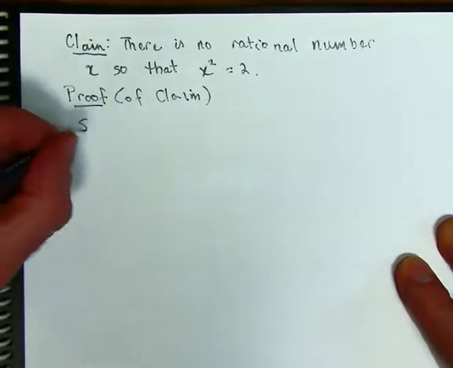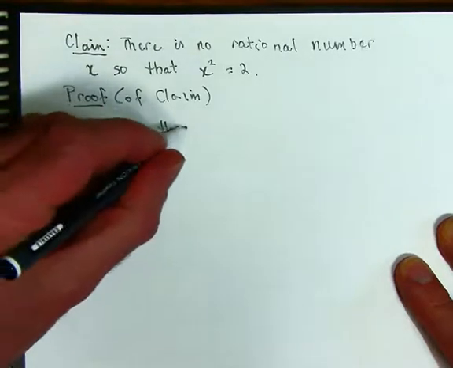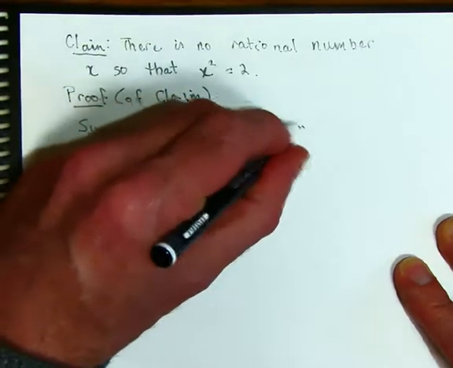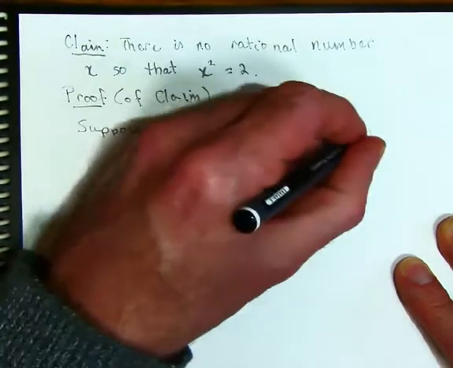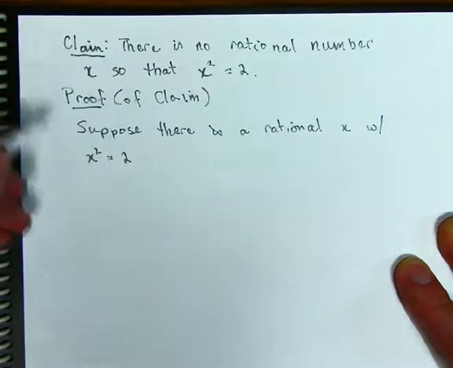Suppose there is a rational x with x squared equal to 2.